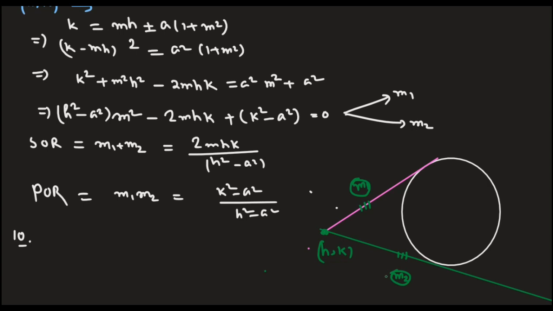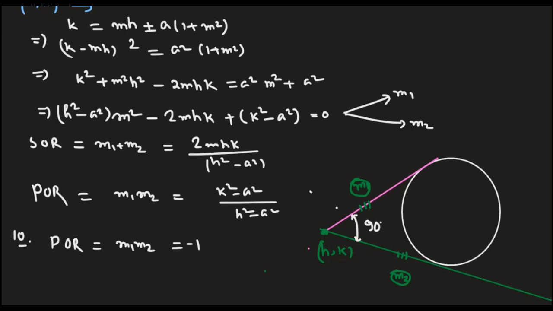If a point lies outside of the circle, from that point we can always draw two tangents to this circle. Now what will happen if the product m1 into m2 is minus 1? That means the angle between the tangents is 90 degrees, because m1 into m2 is the product of the slopes.